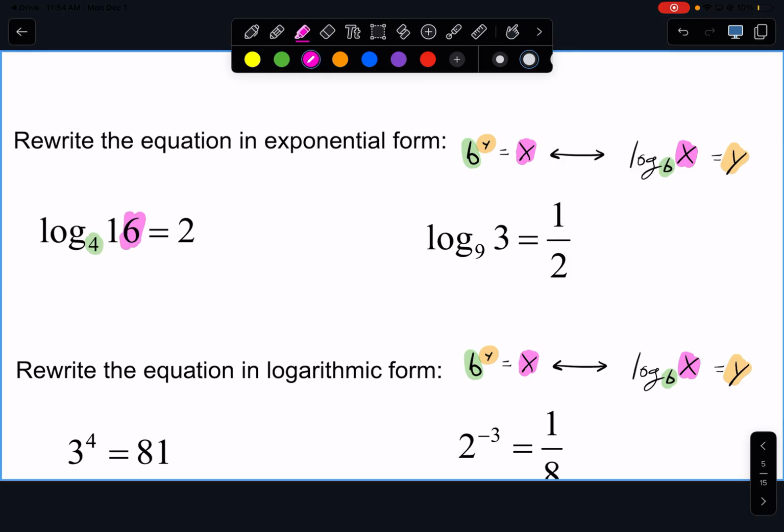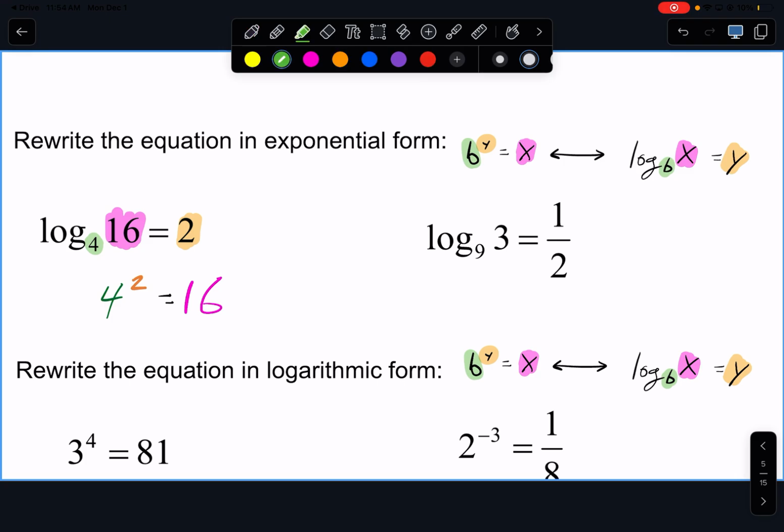This is my b, this is the x, this is the y. So I'm going to take my base, my green number, and make it big now. My orange number, my y, becomes my exponent, and then my pink number becomes my answer, which is 16. And then we ask ourselves, is that correct? Is 4 squared 16? Yep, we're good.